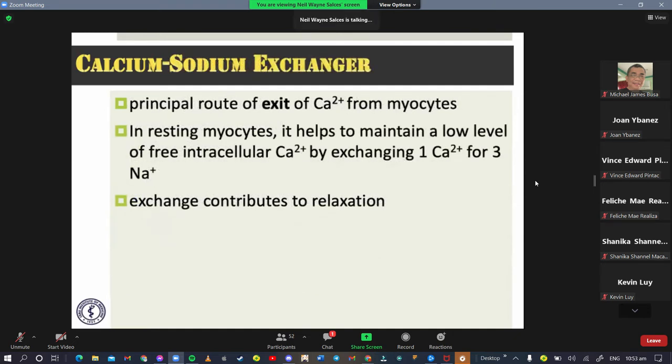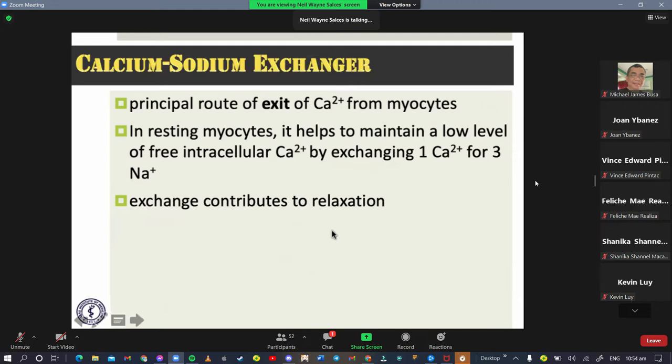So you also have your calcium sodium exchanger. The energy for the uphill movement of your calcium out of the cell comes from the downhill movement of the sodium into the cell from the plasma. So this exchange contributes to the relaxation but may run in the reverse direction during excitation.